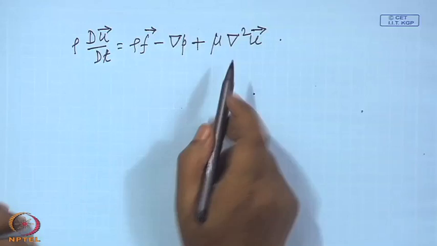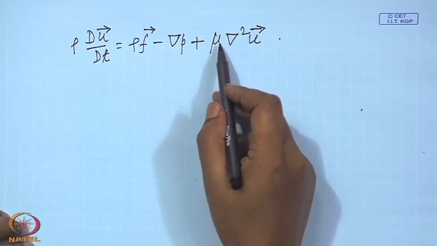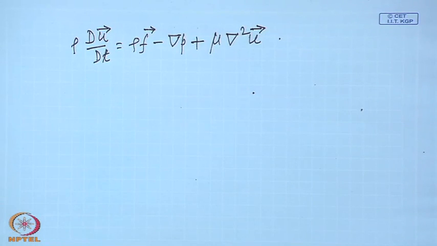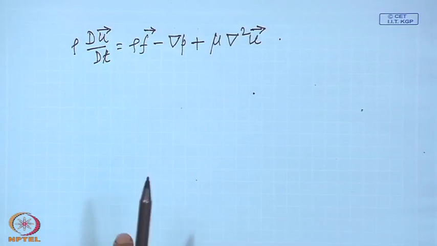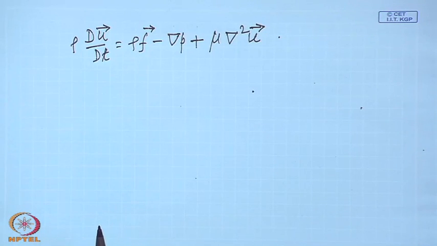So, the last term, if you remember, is from the non-diagonal terms of the deviatoric stress, or the shear stresses, or tangential stresses, which arise because of the velocity gradient and the coefficient of viscosity. They are usually called the viscous stresses.